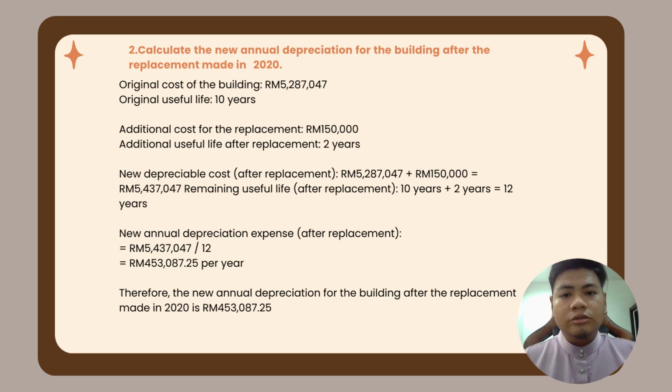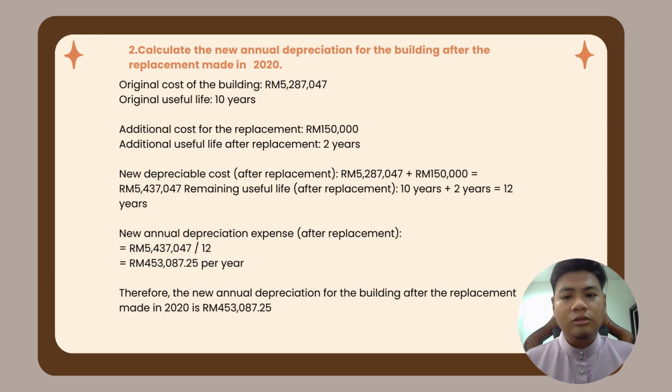Question number 2. Calculate the new annual depreciation. We take the total 5,287,047 ringgit and divide by the original useful life of 10 years, plus the additional useful life after replacement of 2 years. Before that, there is a cost for replacement of 150,000, and we add the replacement 150,000 to the original cost, and add the useful life of 2 years, which means 12 years.